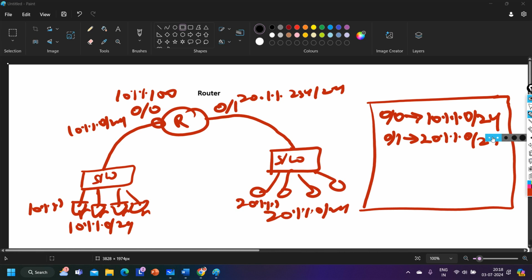The source IP address is going to be 10.1.1.1, and the destination IP is 20.1.1.1. Right?